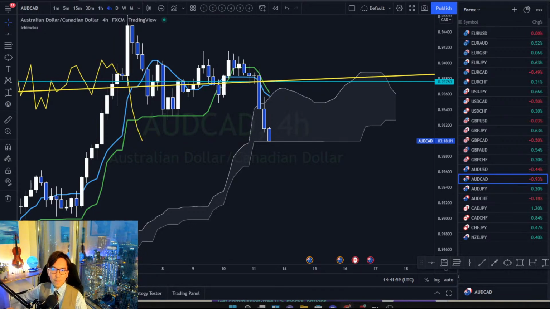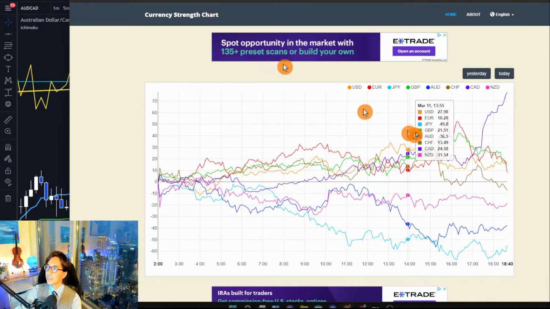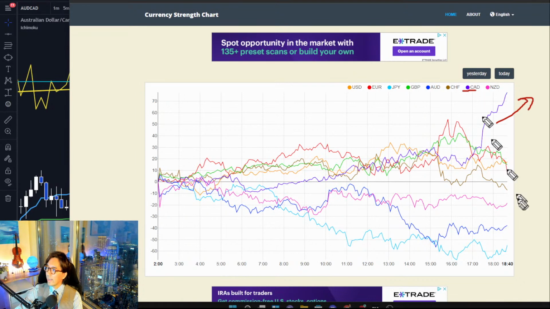Paul says, what if one pair is on one side, like above or below the line in currency strength, but in opposite directions? Is this still valid to use as confirmation? Yes, it is valid. Like right now, CAD-JPY has been bullish. So CAD is strongly bullish, and JPY has been strongly bearish.